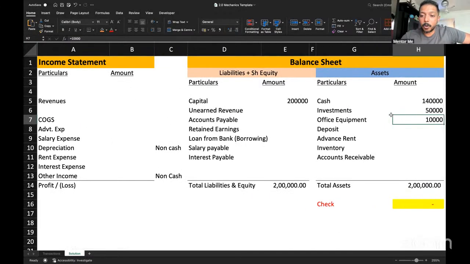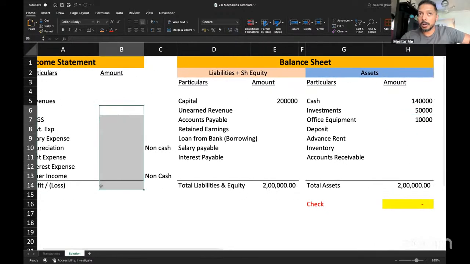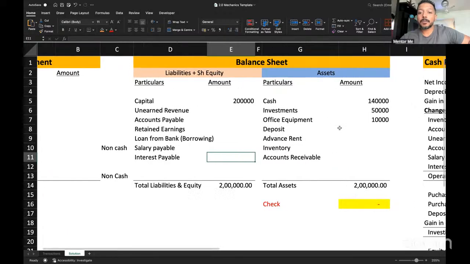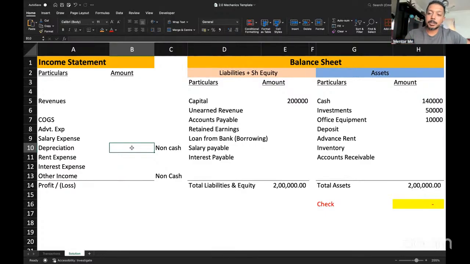I have not taken this office equipment and put it as an expense here, because that would be wrong. That would be saying that I'm going to use the asset only for this year. But since I'm using it for 2 years and this income statement is about 1 year, I'm going to take 1 year's worth of expense of the equipment that I just purchased.